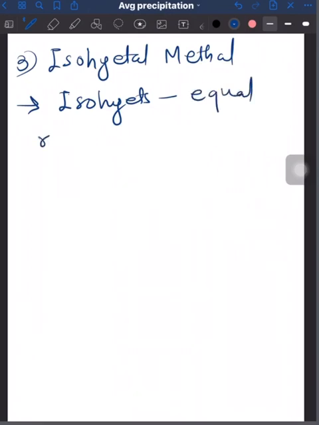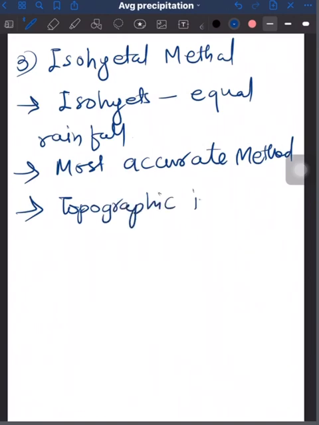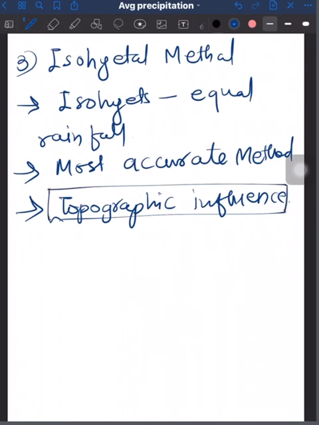This method is known as the most accurate method available, and it also takes into consideration the topographic influence. This is the important point to note and remember, that this method takes into consideration the topographic influence.